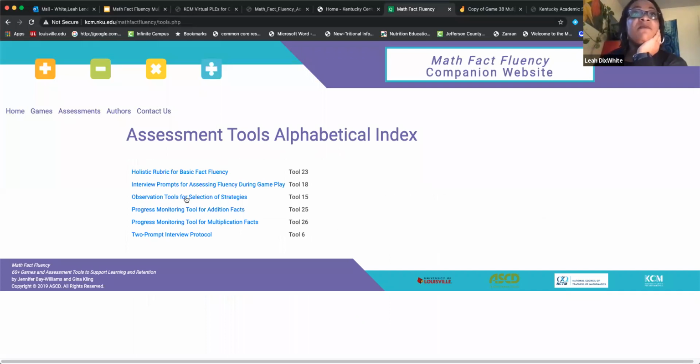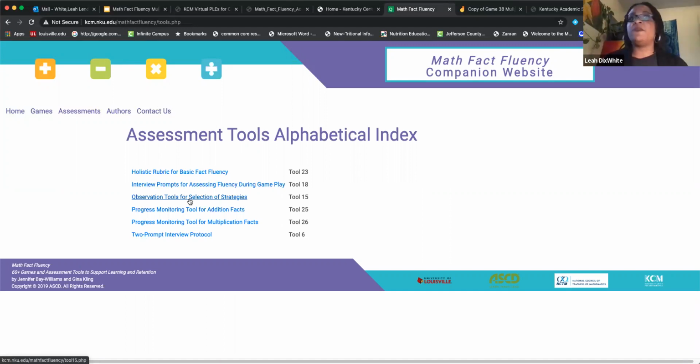So you could click here and use any of these tools. Like we were saying in the activities in the Nearpod, we don't want to give timed tests. We want to be able to assess students' fluency and where they are in the learning continuum. And so we have on the website different monitoring tools that you can use, interview prompts, observation tools.